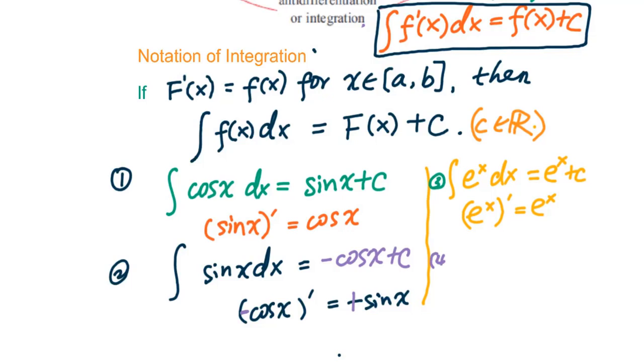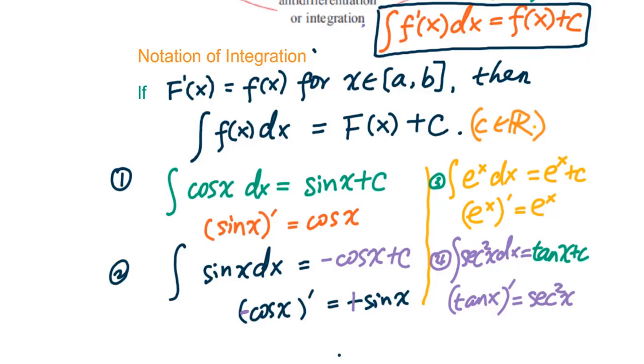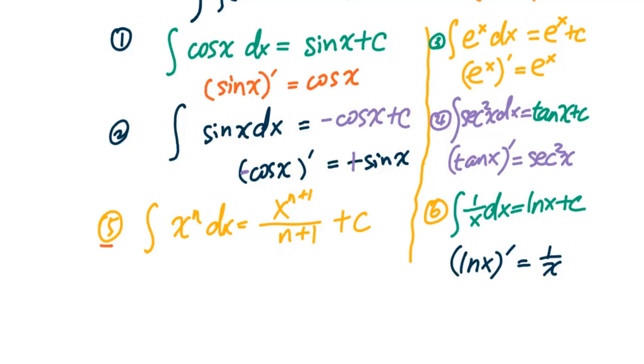Let's go to the fourth one. Integral of secant squared x dx. We know if we take the derivative of tangent x, we get secant squared x. Therefore, the integral of secant squared x will be tangent x plus c. Number 5 will be this.